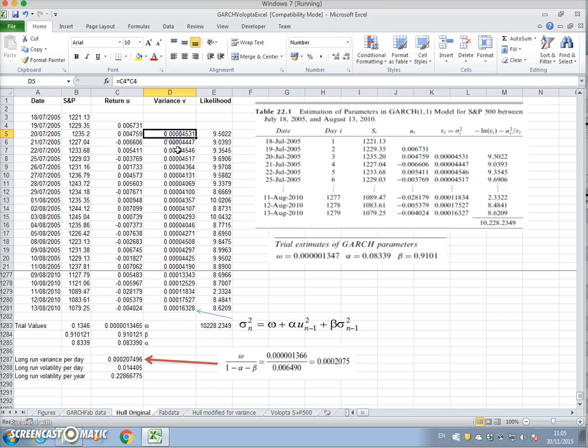And then the variance, the initialized variance value using the Hull outline, was just the square of the return, and then for the next cell the relationship was mapped out by taking the omega, then the alpha value times the squared return, and then the beta estimate times the variance.